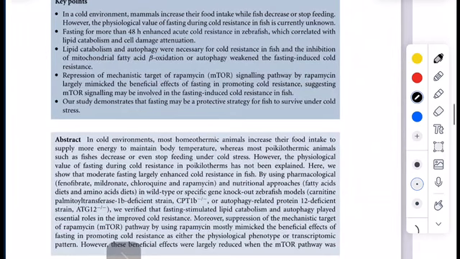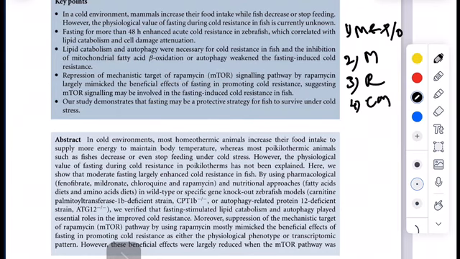Okay, coming to the abstract. In the previous video I said that an abstract must have the motivation and purpose or objective, then methods, then results, and finally the conclusion.